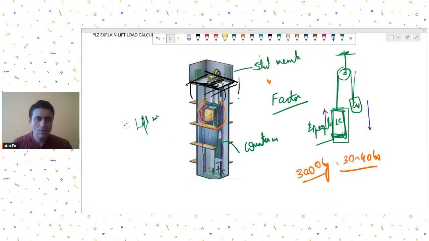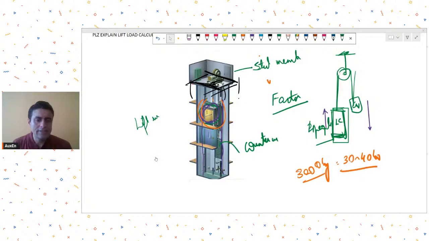So let me just show you if I find it. What is the advantage of having a machine room less lift? In lesser space you can manage your lift, and you don't need a separate space for providing the machine room. I'm just seeing if I can get some example of a machine room less lift.